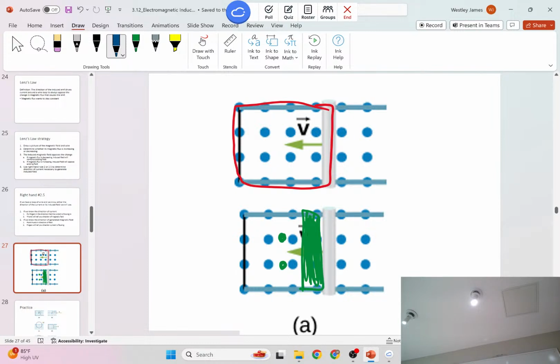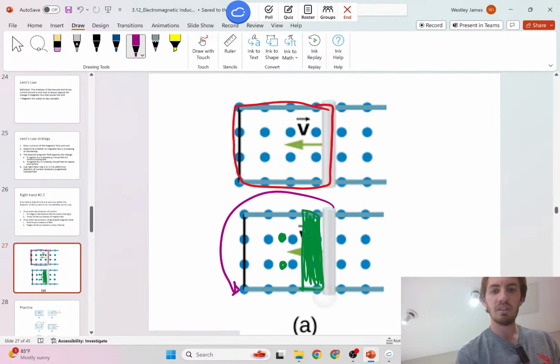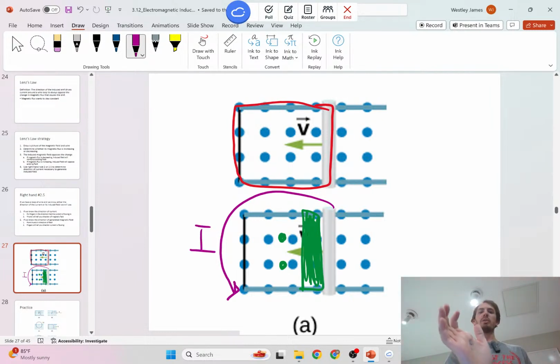Counterclockwise. To make a field going out of the page, I will make a current going counterclockwise. So for those online, if I want to make more going out of it, counterclockwise, thumb points out of the page.